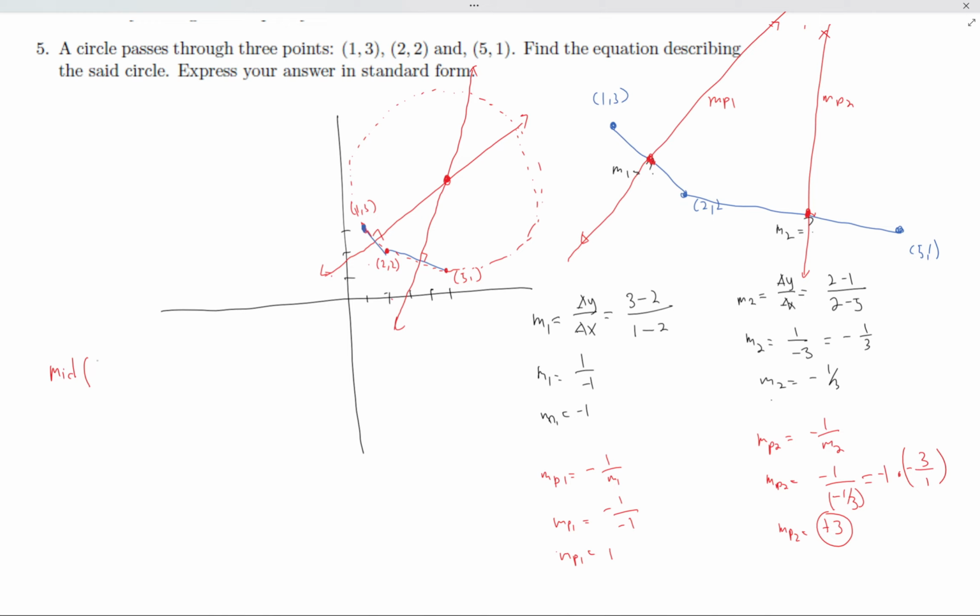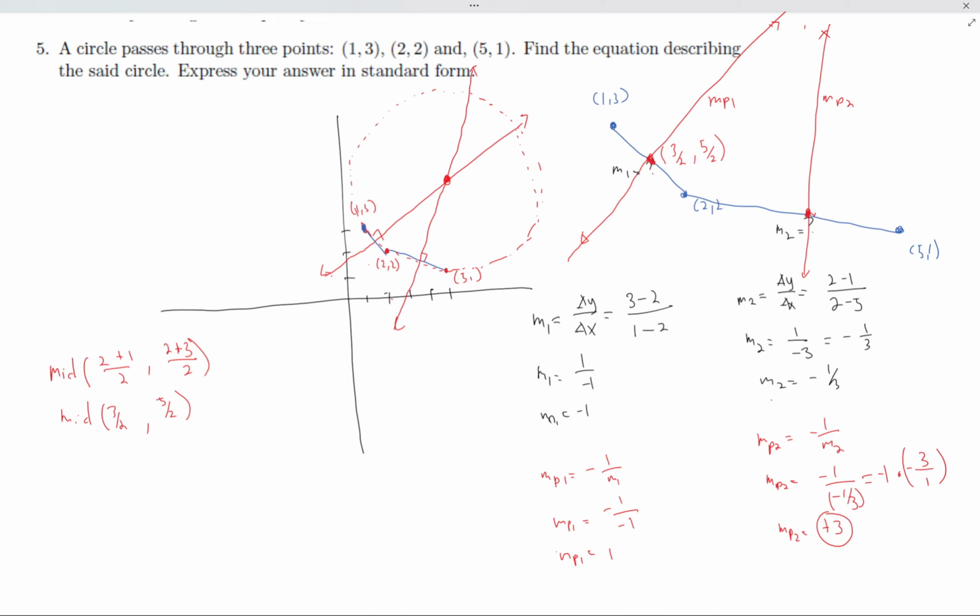The average of x is 2 plus 1 divided by 2, and the average of y is 2 plus 3 over 2. It doesn't matter what the order is because you're just adding. So that is 3 halves, and for the other one, 5 halves. I'm not going to simplify that. So the midpoint here is located at 3 halves, 5 halves.